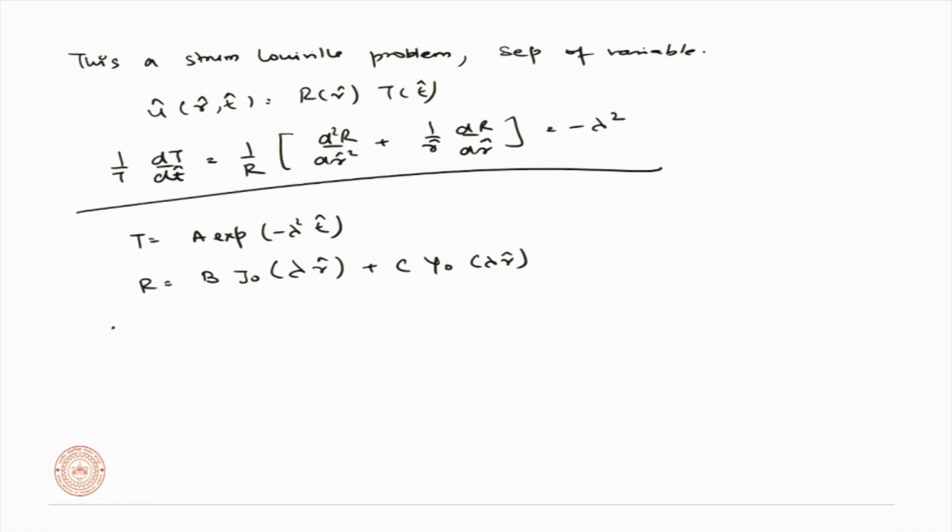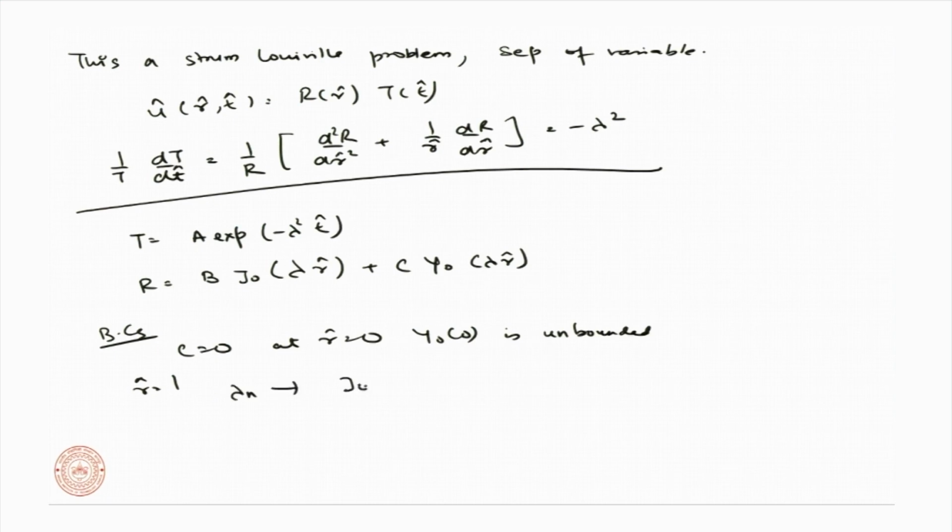Now, if we put our boundary conditions into this, then c is equal to 0 at r cap equals 0, because Y 0 of 0 is unbounded. At r equals 1, we can find lambda n such that J 0 of lambda n becomes equal to 0. Okay, so we can find the solution for this.